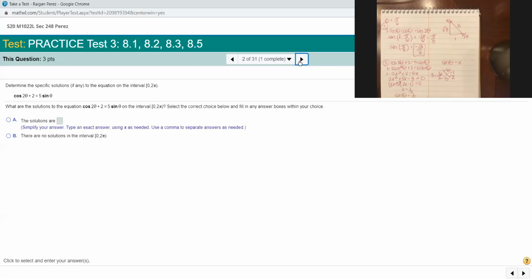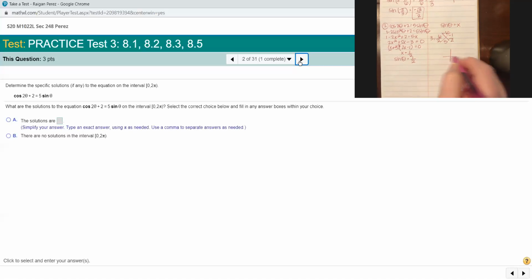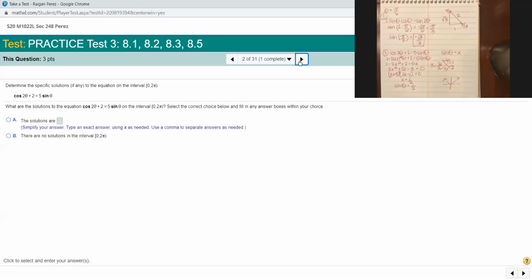Sine of theta is equal to 1/2. So you have to decide where sine is positive. Where does sine of theta equal 1/2? Back to my perfect triangle up here, sine would be pi over 6.